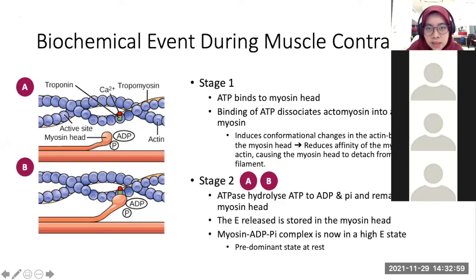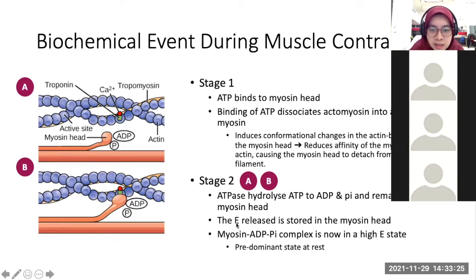Okay, so let's continue. After ATP has been bound to the myosin head, stage 2 will happen. In stage 2, ATPase, the enzyme, will hydrolyze ATP into ADP and a phosphate group, which will remain bound to the myosin head. After hydrolysis of ATP, ADP and the phosphate group will still be bound to the myosin head.